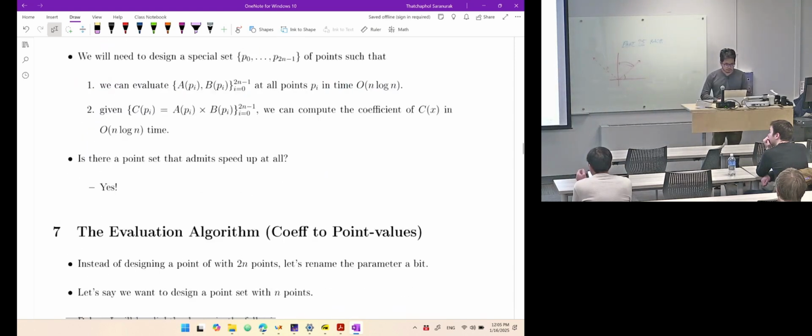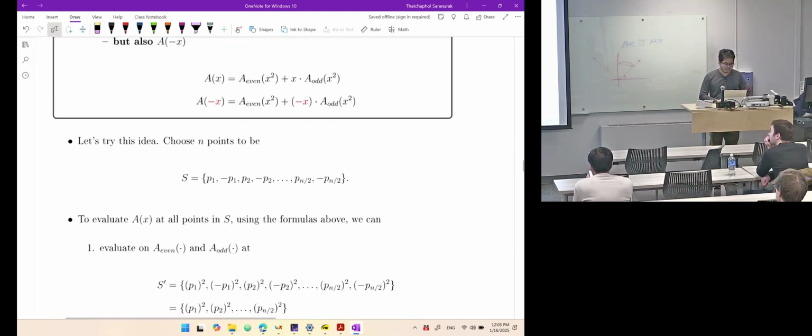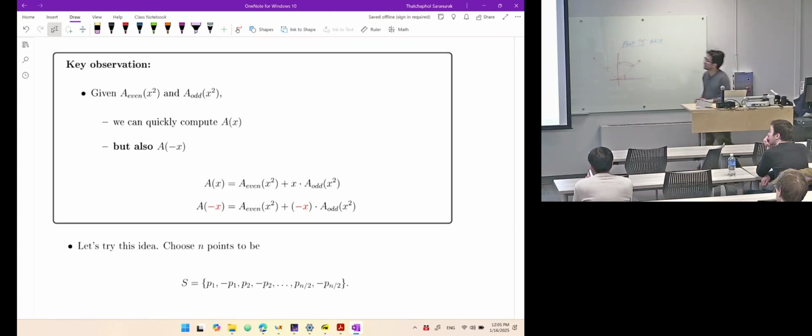And so we have seen one nice observation: if the point set is such that the points are negations of each other, like if you want to evaluate on 2 points, x and minus x, then you can reuse information nicely so that you don't need to recurse too many times. If you want to evaluate on 2 points, you just need to recurse on 2 points on the smaller polynomial.